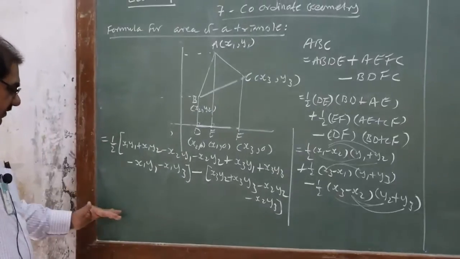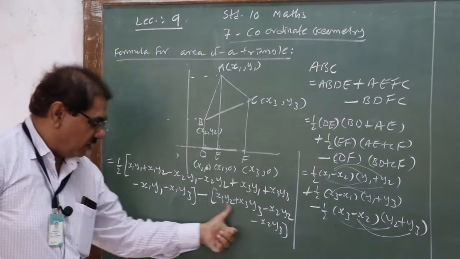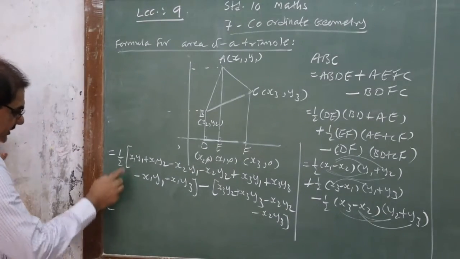Now in the further simplification this bracket will be opened, the minus sign we will use, and all the signs of the remaining terms will be changed. So I go for the next step.